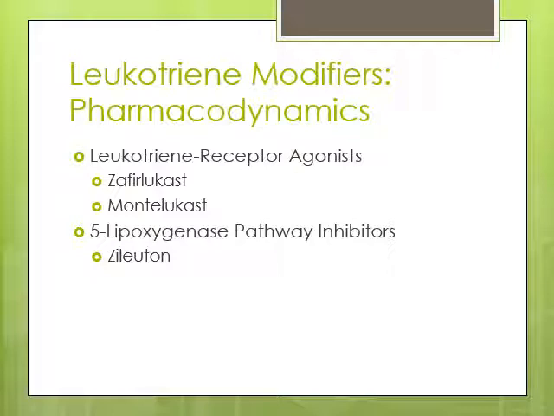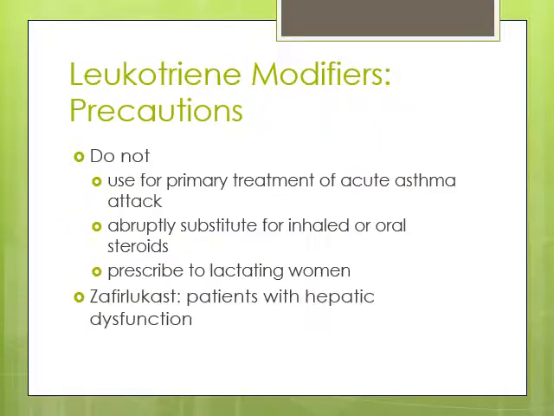Now, in vitro studies demonstrate that zafirlukast antagonizes the contractile activity of the three leukotrienes, and this is LTC4, LTD4, and LTE4, in the conducting airway smooth muscle, and montelukast may also inhibit symptoms of allergic rhinitis, as leukotrienes are released from the nasal mucosa during allergen exposure.